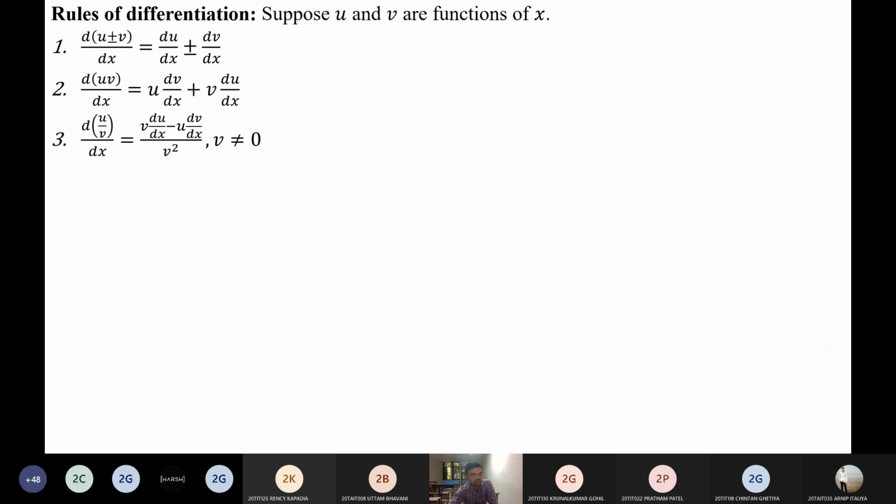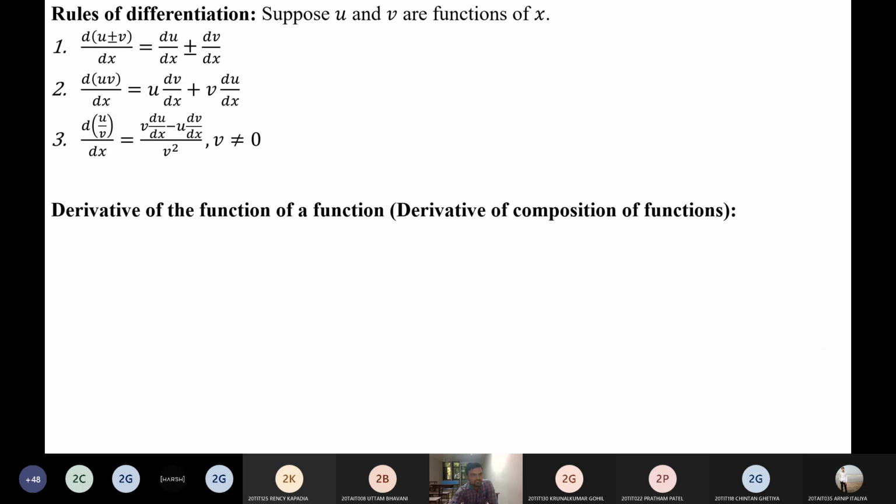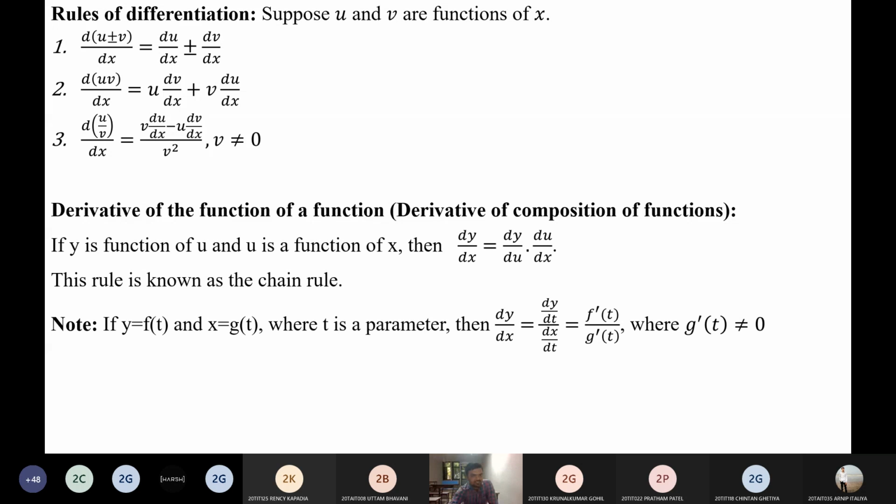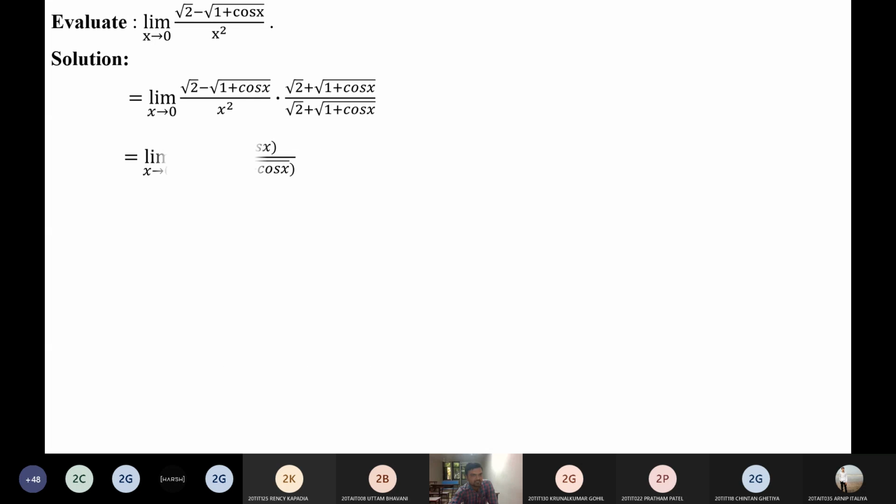We also discussed the rules of differentiation: plus, minus, product and division. Then we went for the chain rule, then the parametric equation and how to find the differentiation of parametric form. I think we also discussed the examples of the limit. Am I right or wrong?